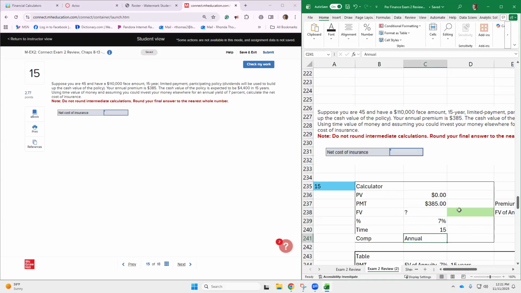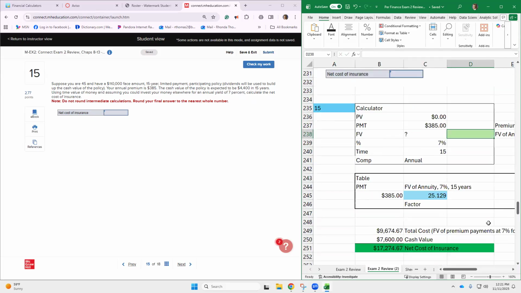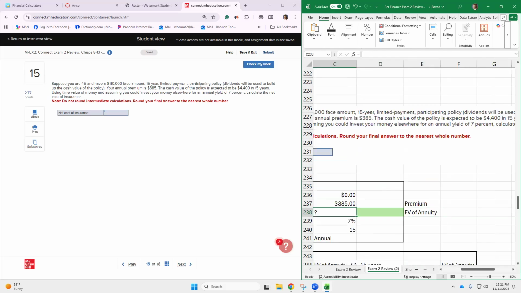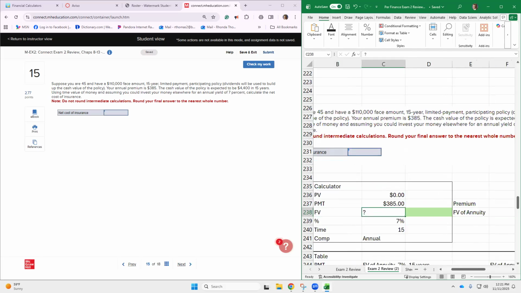What is its future value? Now that's not the answer, but it's part of the answer. We need to see what this future value will be. We're going to find the future value of an annuity.